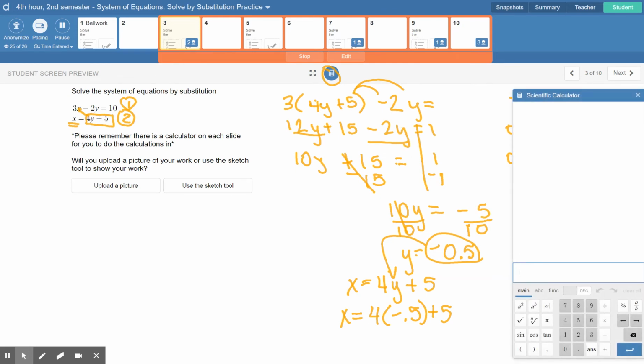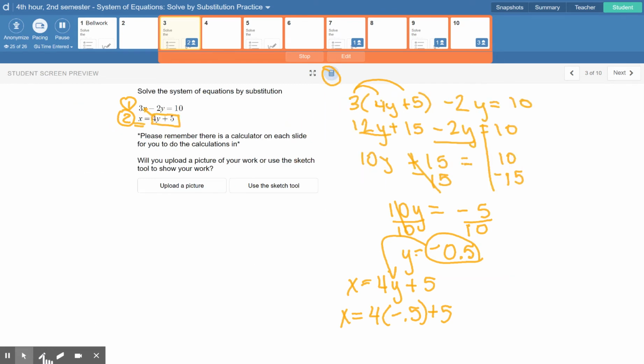The calculator screen shows up. Use the parentheses to represent multiplying. And then we get the x value to be 3. Now this is an ordered pair, x comma y, so 3 comma negative 0.5. In this case it would be one solution because it is an ordered pair.